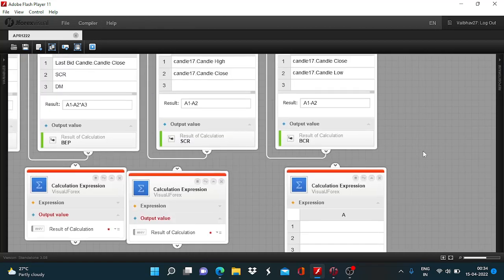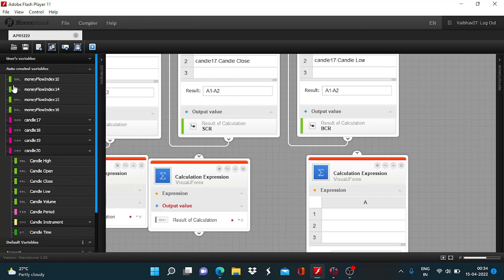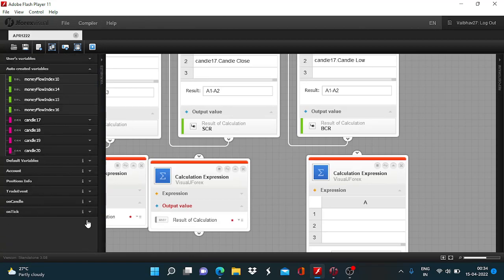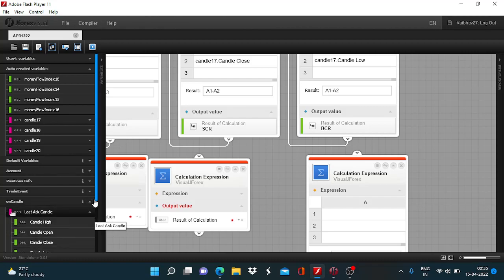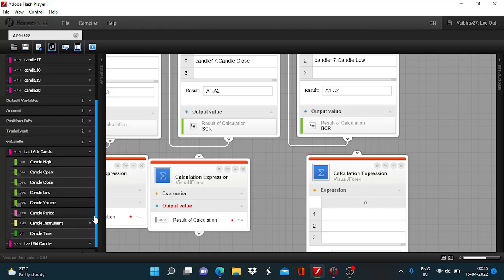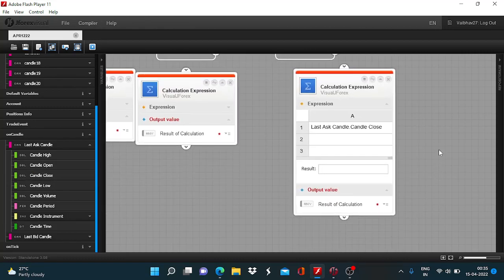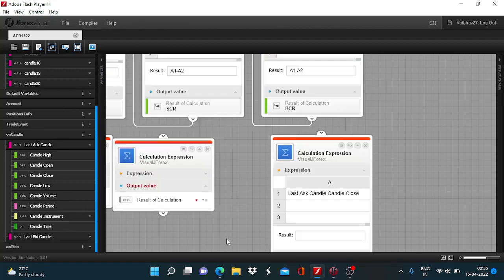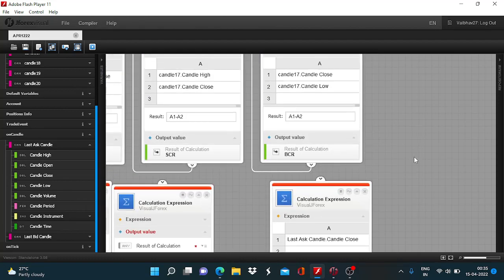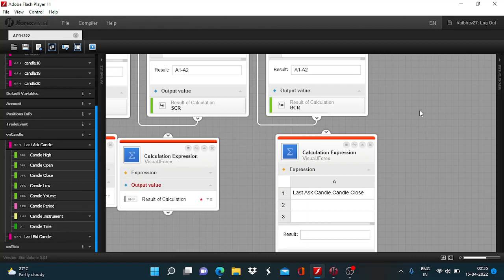In the first, we have to get you can take bit candle or ask candle close, anything will do. And add the difference multiplied by 2.